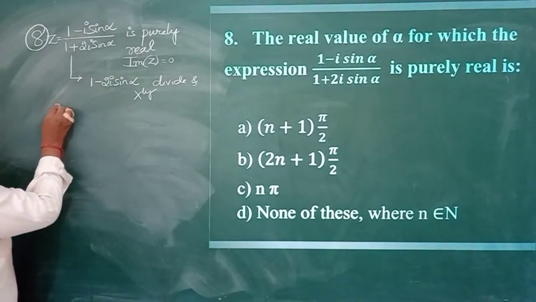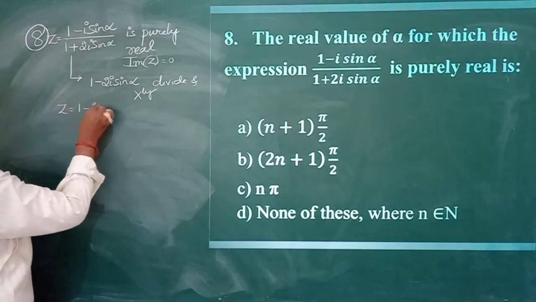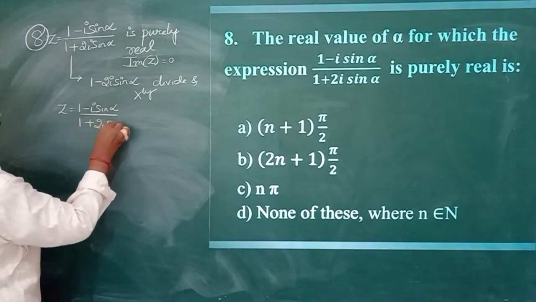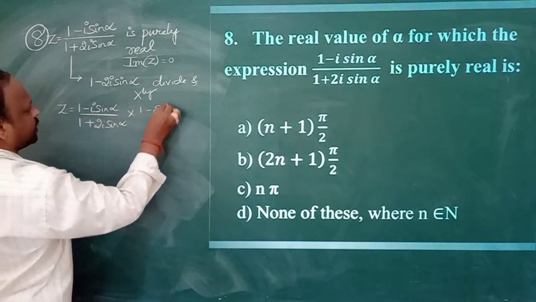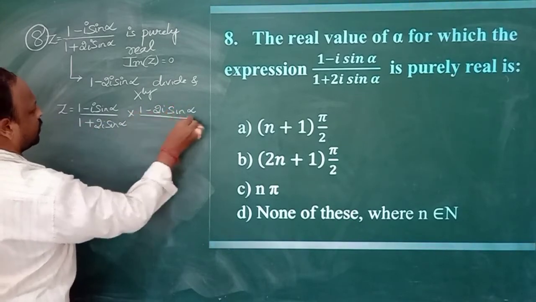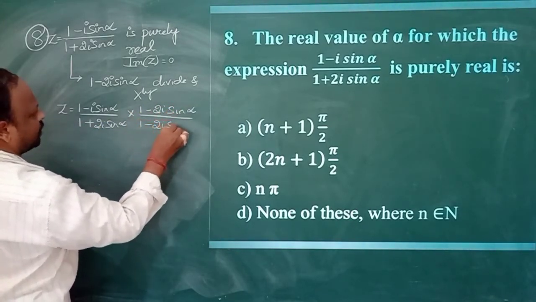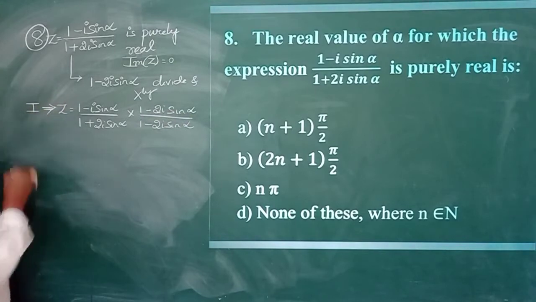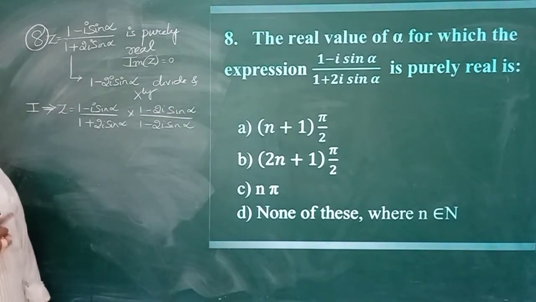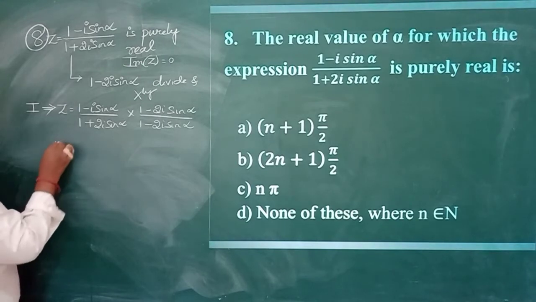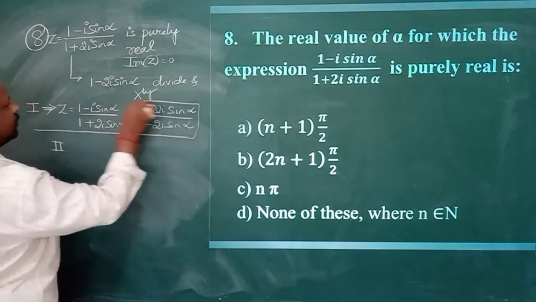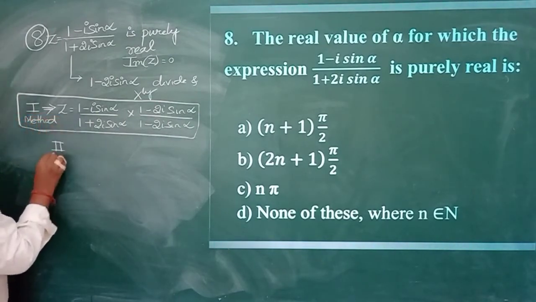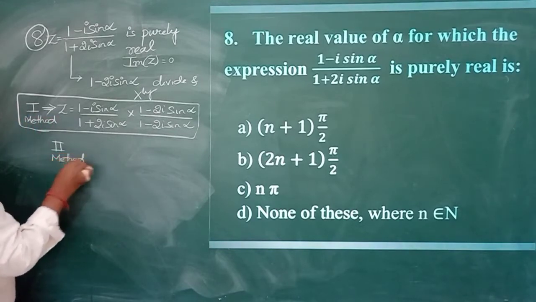That is, z is equal to (1 minus i sin alpha) divided by (1 plus 2i sin alpha) into (1 minus 2i sin alpha) divided by (1 minus 2i sin alpha). This is the first method. Simplify this and make the imaginary part 0. This is a lengthier one. The second method is a shortcut method.